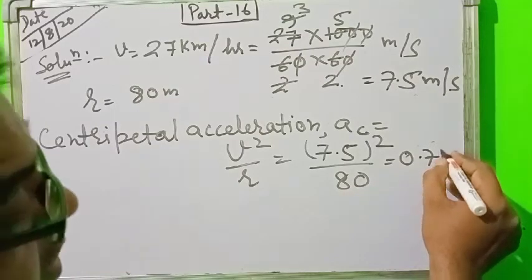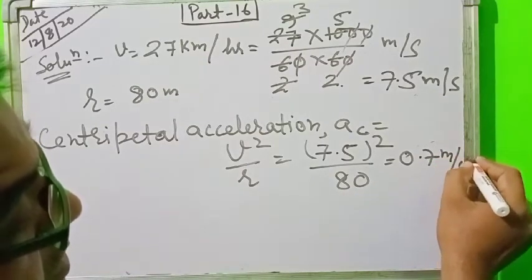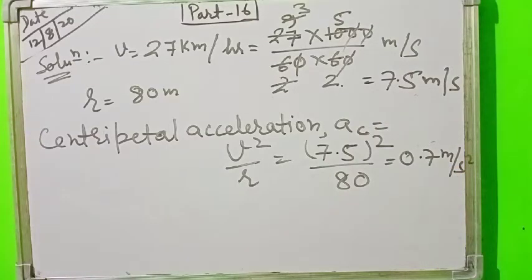On calculation you will get 0.7 meter per second square.